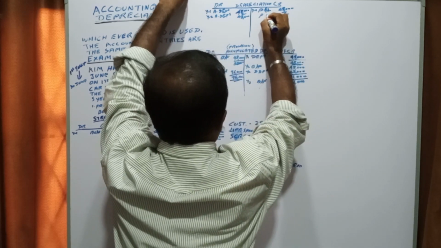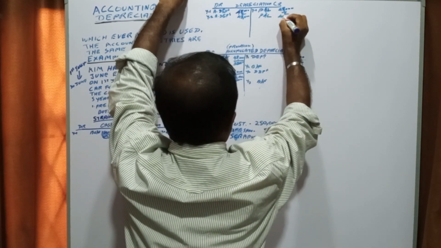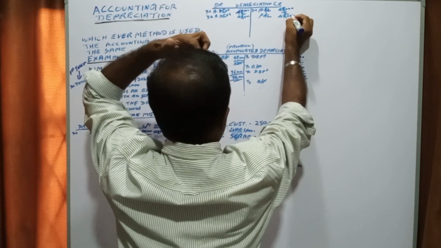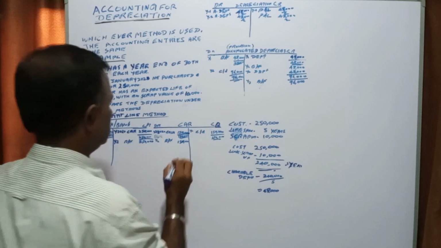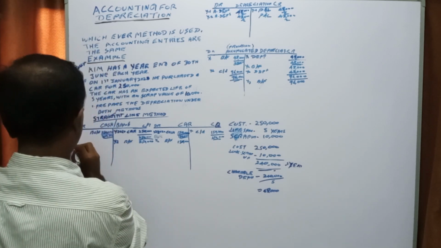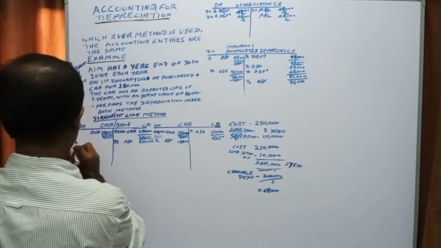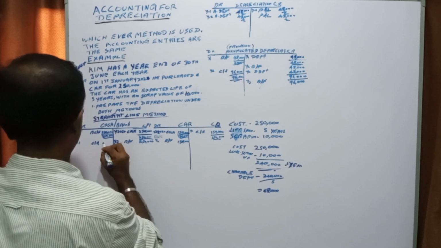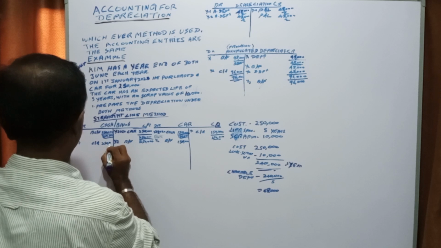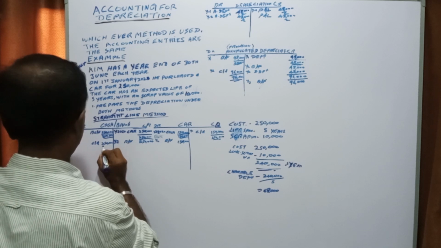Here P&L 48,000. There is no carried forward or brought forward. Here cash or bank also no adjustments. So year 1 carried down balance 250,000.